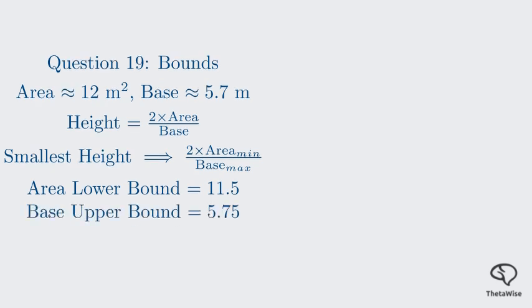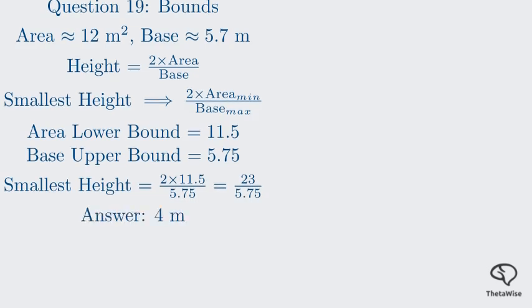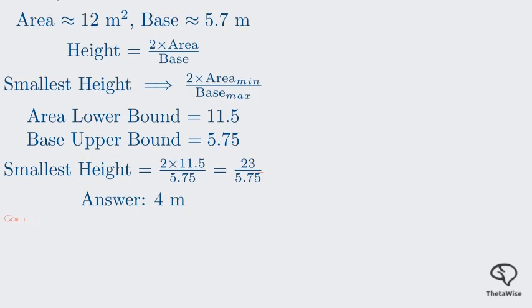The upper bound for the base is 5.75. Now substitute these into the formula. Smallest height is 2 times 11.5 divided by 5.75. Using your calculator, this equals exactly 4. Common mistake: forgetting that to minimize a fraction, you must minimize the numerator but maximize the denominator. Students often use the lower bound for both.